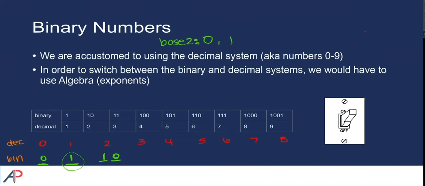Does that make sense to everyone? Once again, 1 is the highest digit that I can attain in a binary number. So when I try to add 1 to this number, I have to reset the place value to 0 and then increment the next place value.